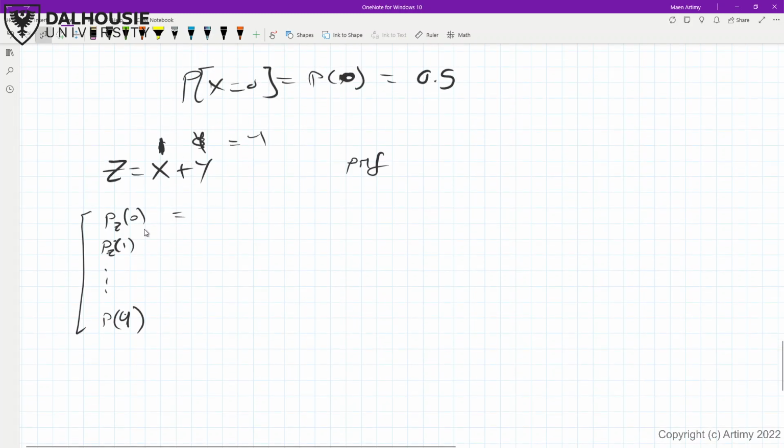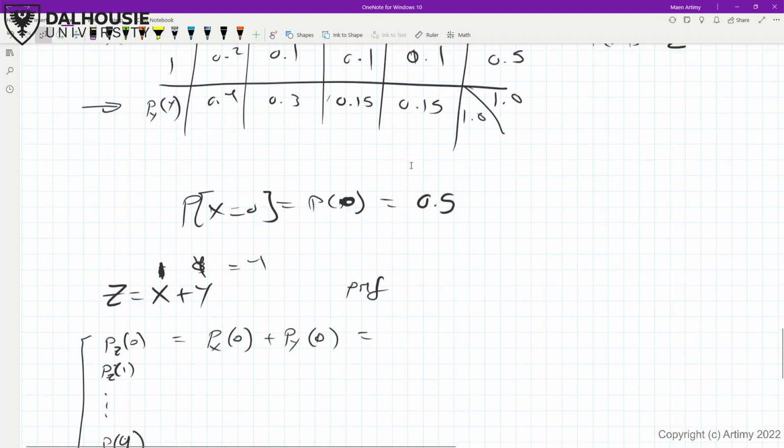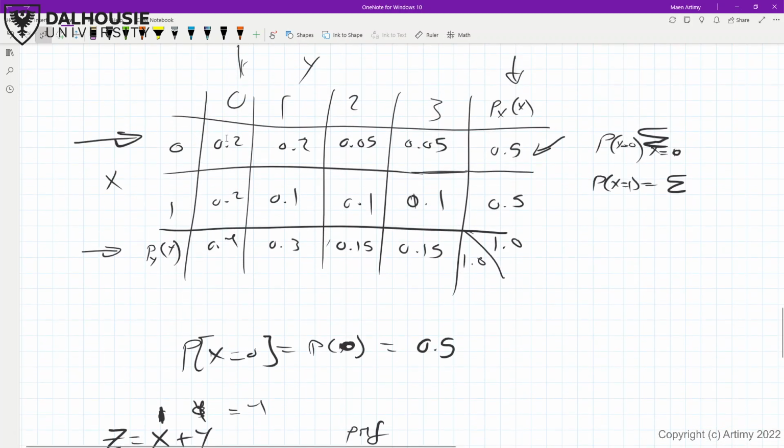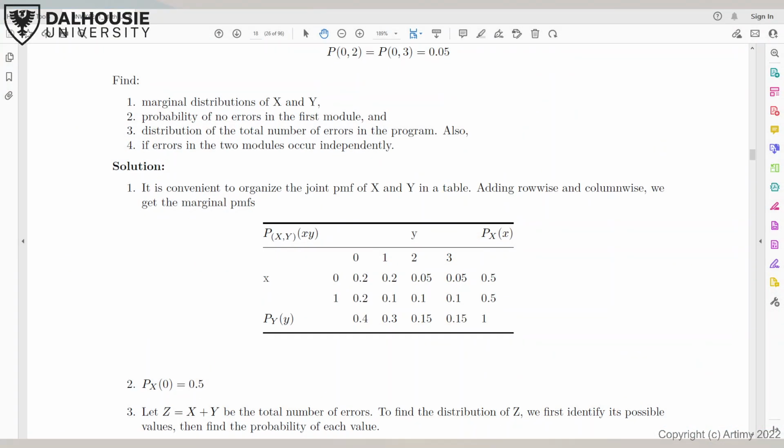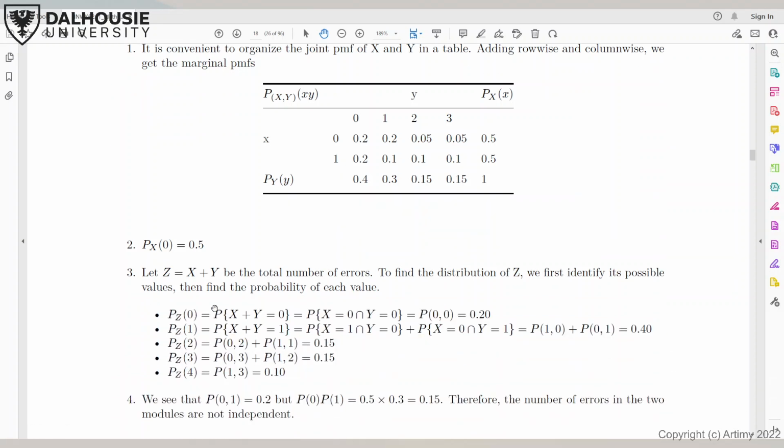So what is the probability of z equals 0? Well, that's the probability of x equals 0 plus the probability of y equals 0. Actually, I probably shouldn't have done it this way. I should have done it as you can see here.